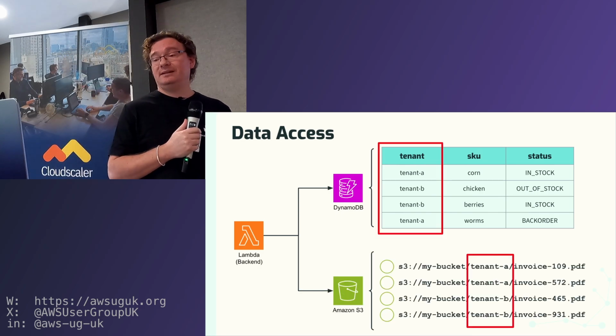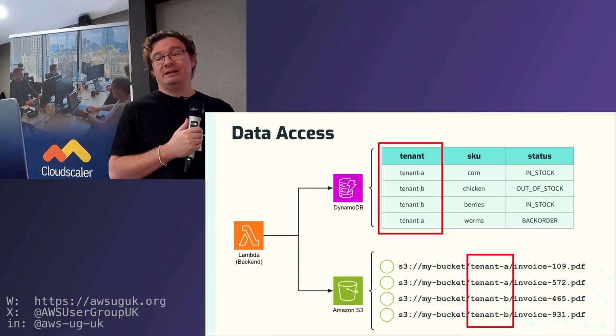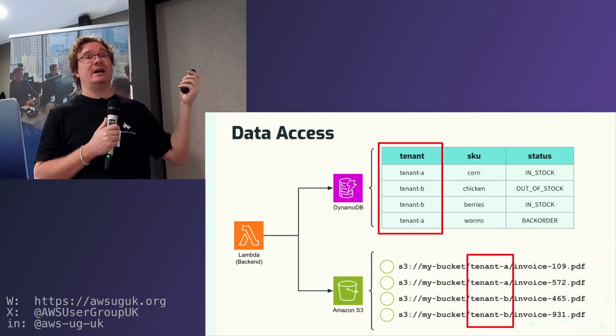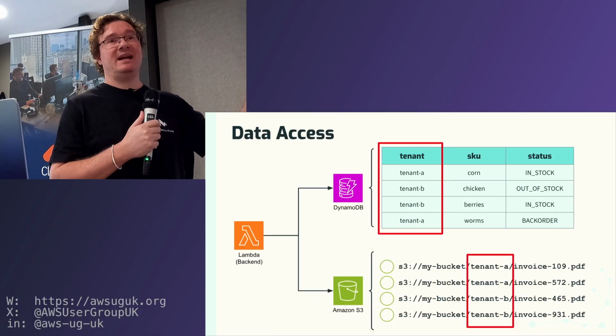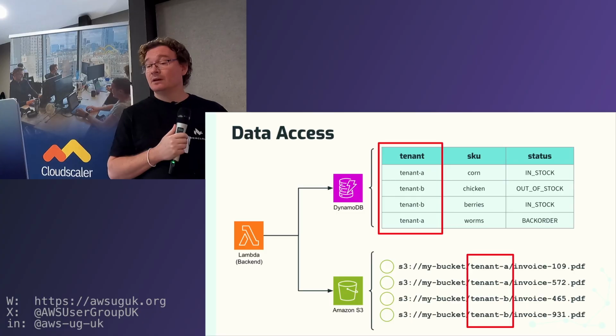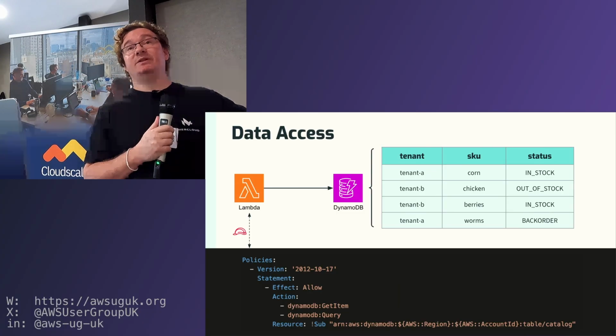You can see that we identify the tenant of each of those records in DynamoDB by a column, a partition key, and in S3 by a path, a key in our path. What happens when our Lambda is accessing that DynamoDB table?